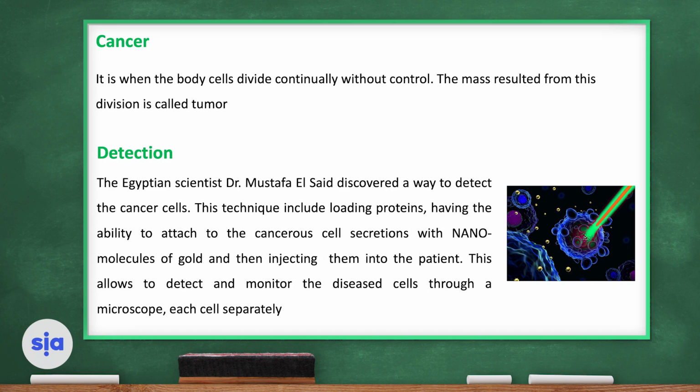This technique includes loading proteins, having the ability to attach to the cancerous cell secretions, with nanomolecules of gold, and then injecting them into the patient. So we will get nanomolecules of gold and combine them with proteins which can attach to the cancerous cell to detect the cancerous cell and monitor the disease through a microscope.